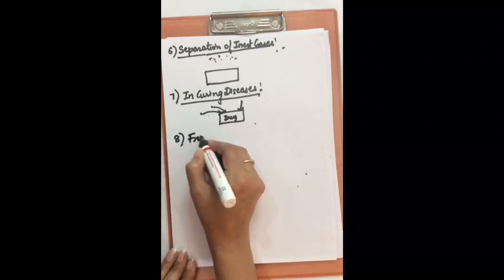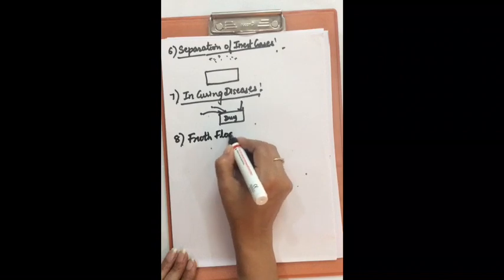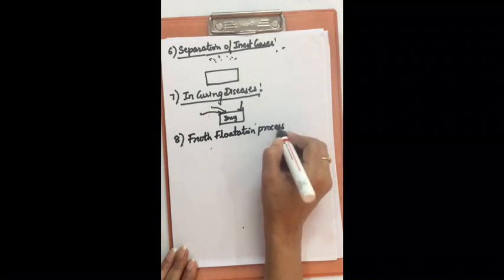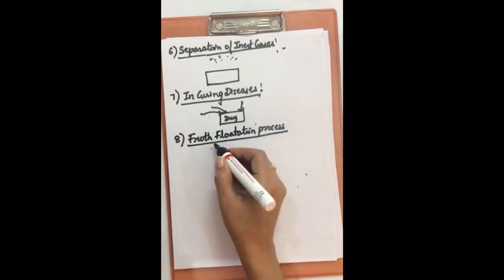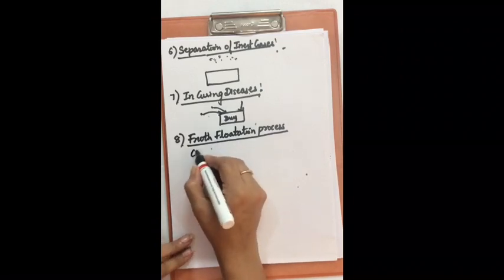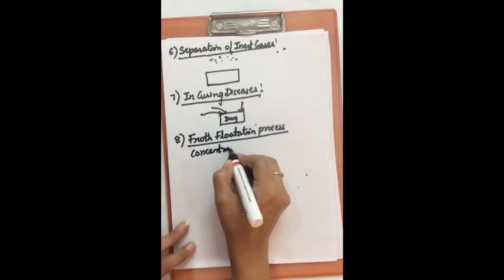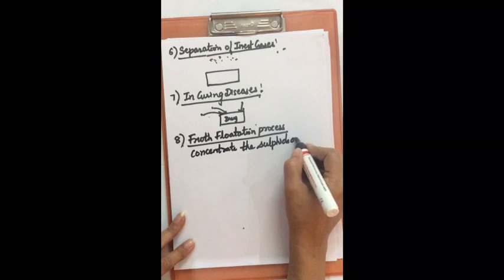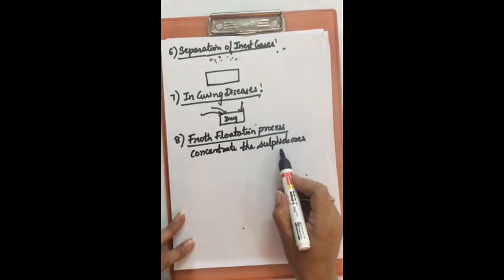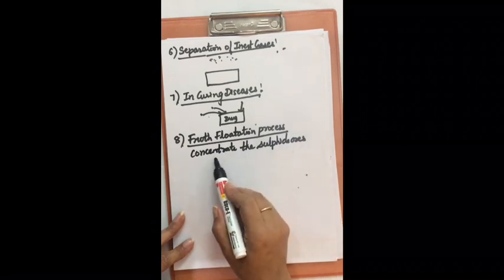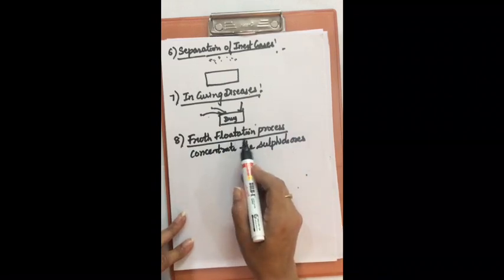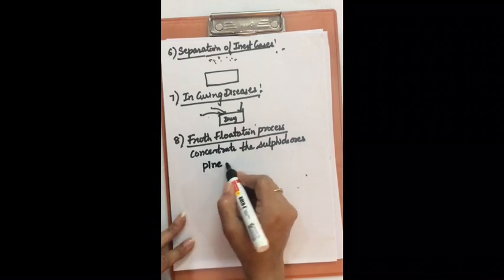Next is the froth flotation process. Froth flotation is used to concentrate sulfide ores. In metallurgy, for concentrating sulfide ores, where we want to remove the gangue particles, the froth flotation phenomenon is used, and in this case pine oil is used.